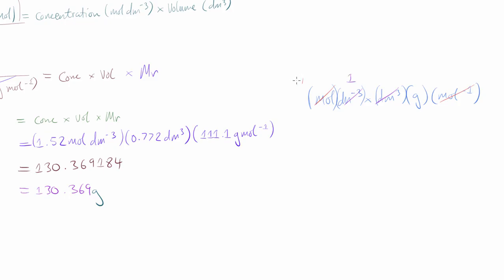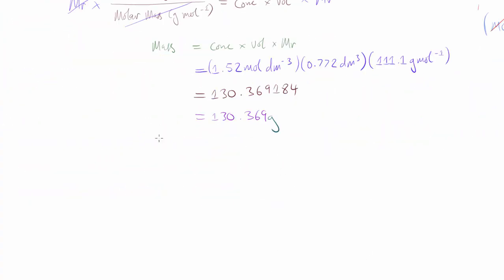What we're left with is 1 times grams, which gives us grams. So even by checking our working this way, we come to the same units of grams, so we have a bit more confidence in our answer: 130.369 grams.